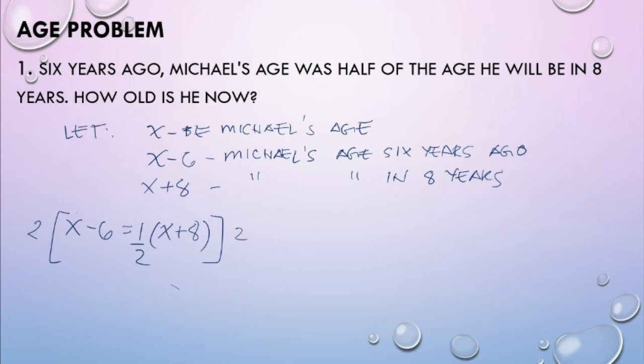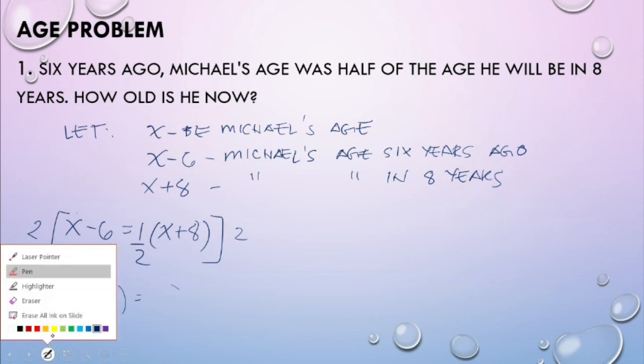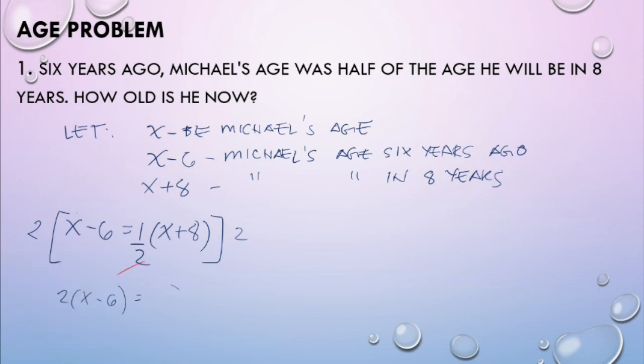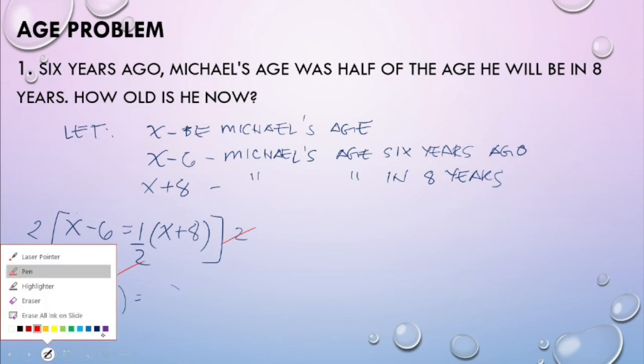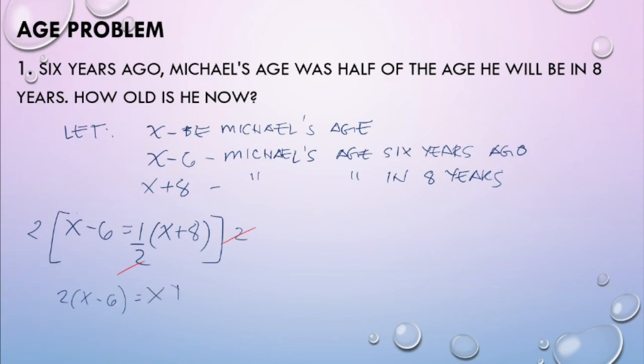Okay? So, this will become 2 times x minus 6. Then dito, pagdating dito sa kabila, we can now cancel out 2. Wala na yan. So, therefore, matitira na lang will be x plus 8. Then, on the left side, distribute 2 to x and negative 6.